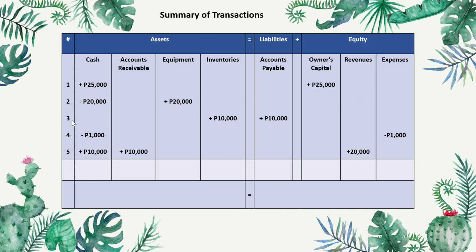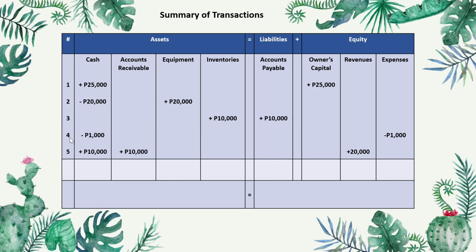Okay, so third transaction, we have inventories worth 10,000 pesos. Yan yung bumili siya ng meat from Ate Shane worth 10,000 pesos. Pero, inutang niya kay Ate Shane. So, may accounts payable siya worth 10,000 pesos. Sa positive sign pa rin yan.